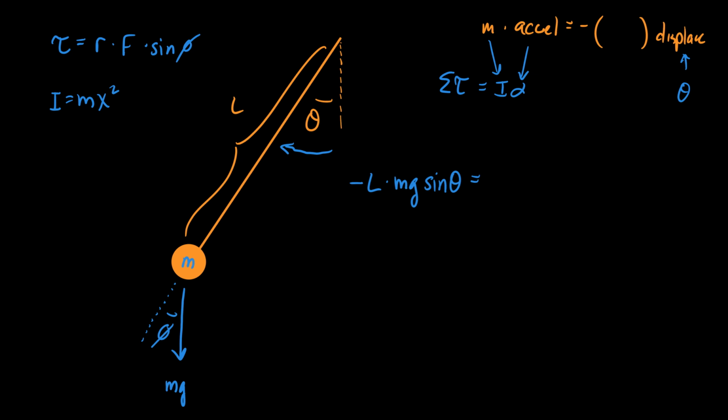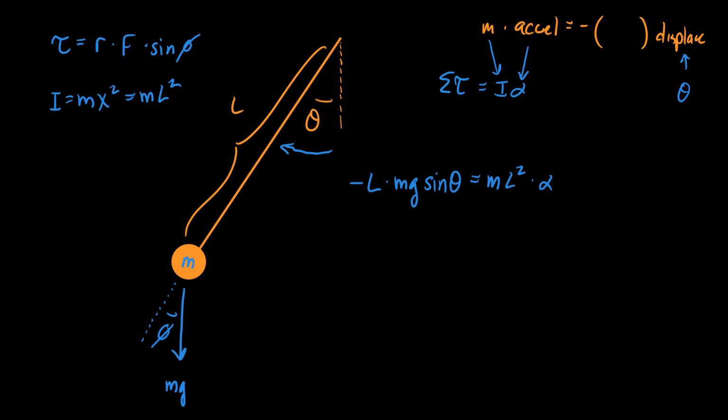X is the distance from the pivot point to where the point mass is. L. So for us, this will be mL squared. All right.